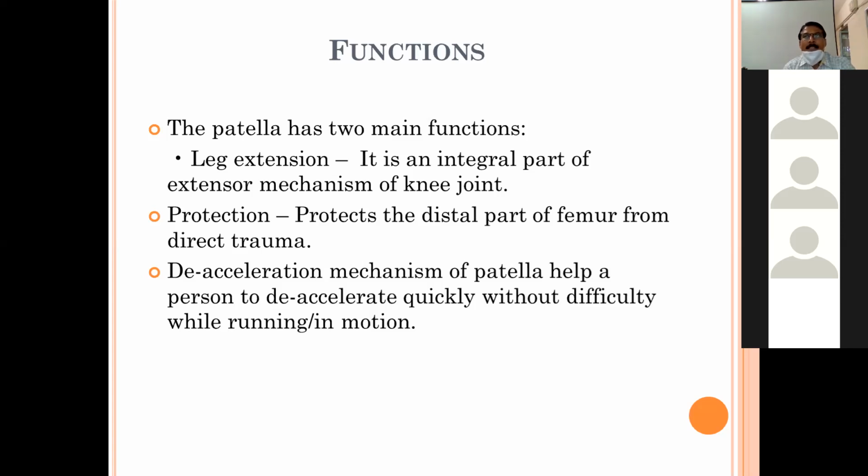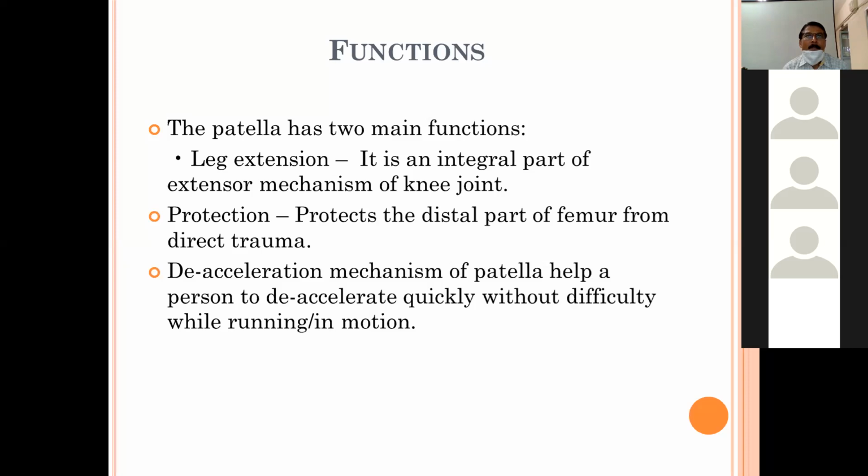Another point is deceleration. What is deceleration? If a person is walking or running and suddenly wants to stop somewhere, with the patella he can stop immediately, but without the patella he will go 2 steps ahead to stop himself. So this is called deceleration.